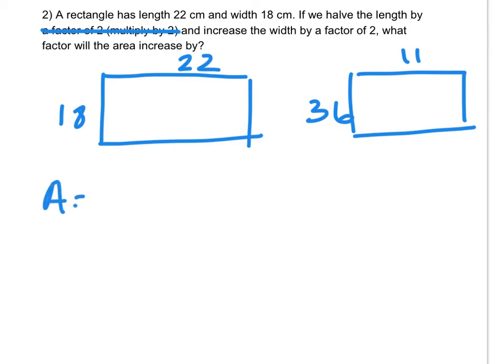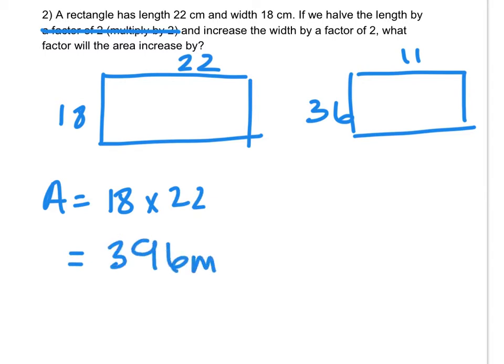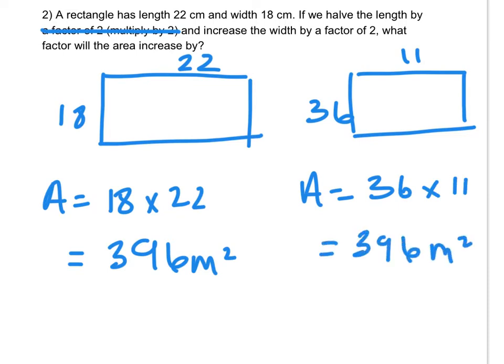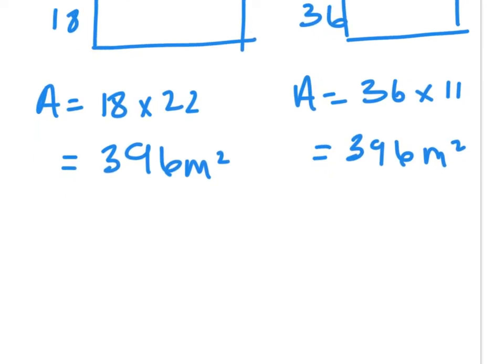The area of this one will be 18 times 22, which is 396 meters squared. Let's look at our new one. It will be 36 times 11, which is 396 meters squared. So what factor does it increase by? Nothing. The area stays the same.